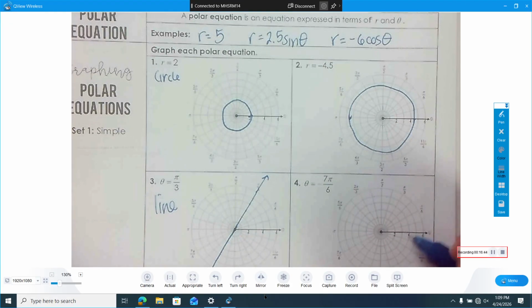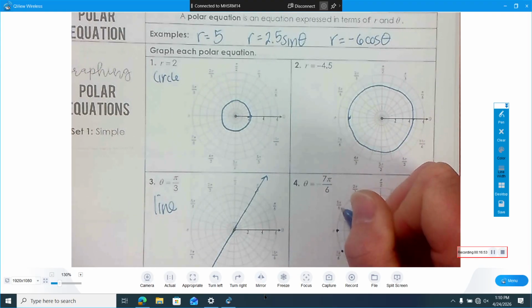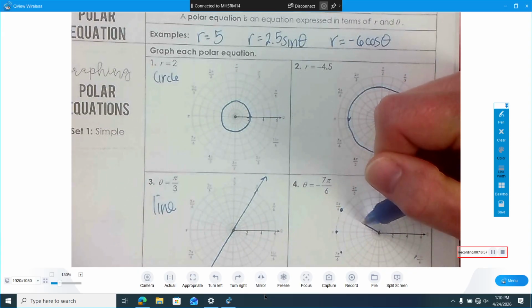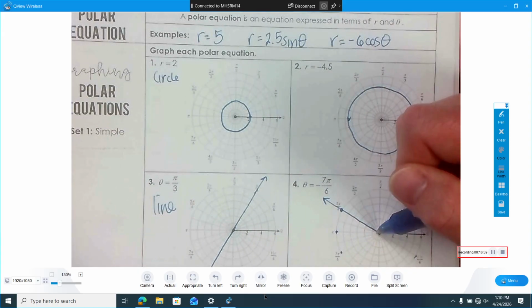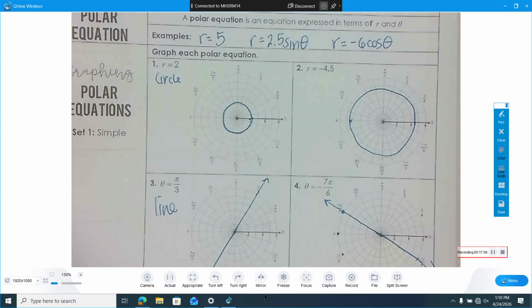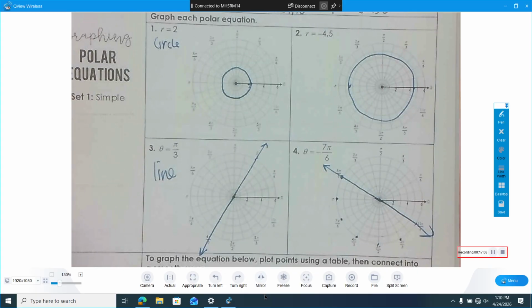Yeah, so -1 pi over 6, 2 pi over 6, 3 pi over 6, 4 pi over 6, 5 pi over 6, 6 pi over 6. There's -7 pi over 6. And it is a line extended in both directions through that pole or the origin, okay? All right.